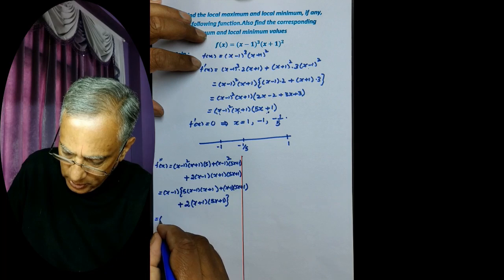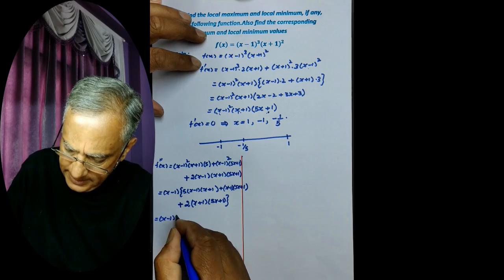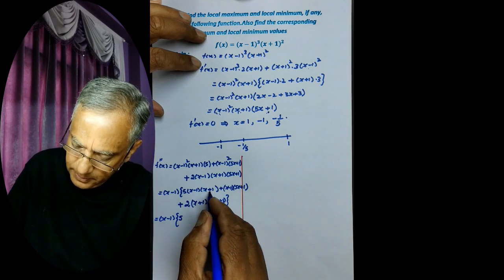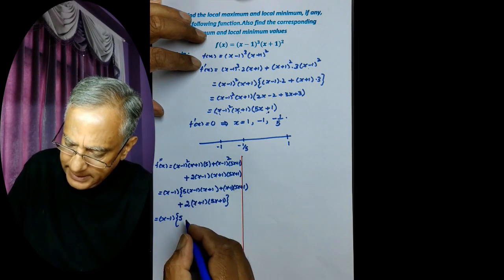and this is equal to (x minus 1) into, this will be 5 into (x minus 1) into (x plus 1), which will be x square minus 1.